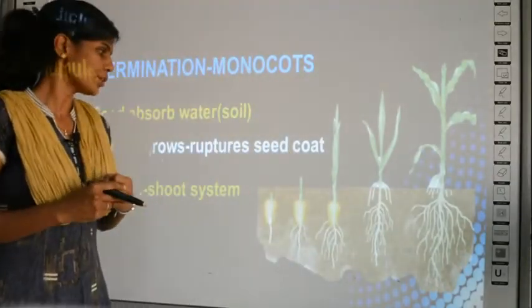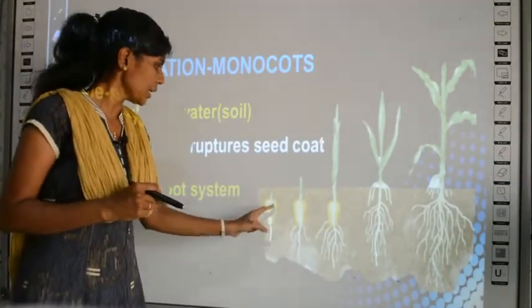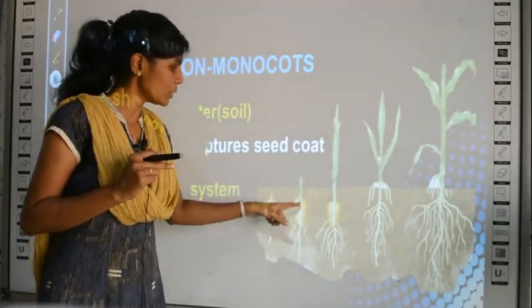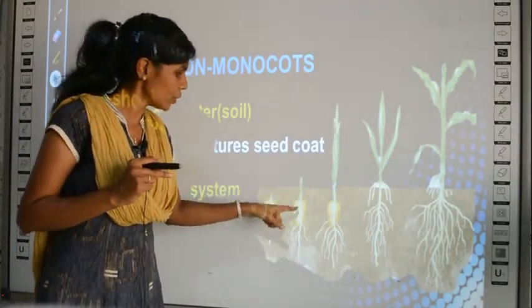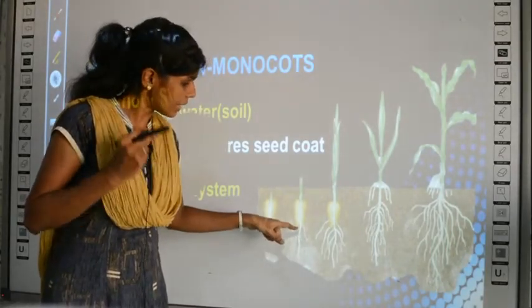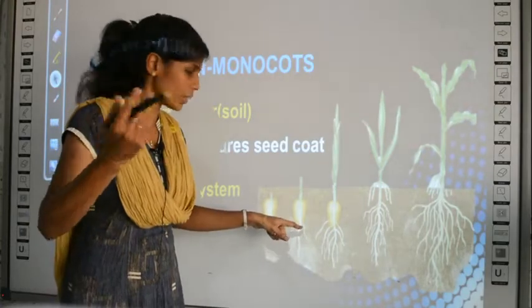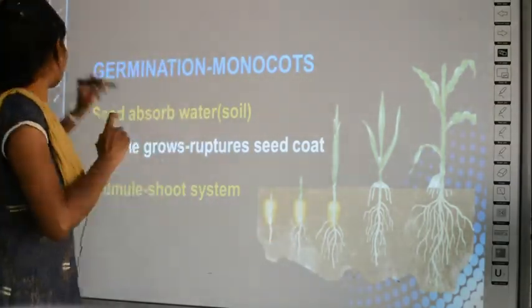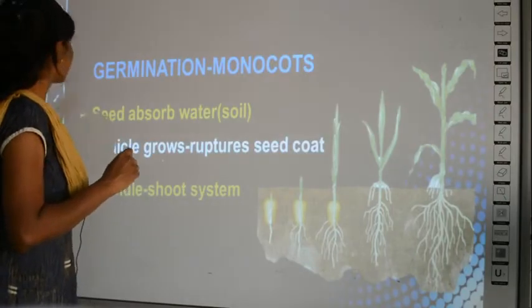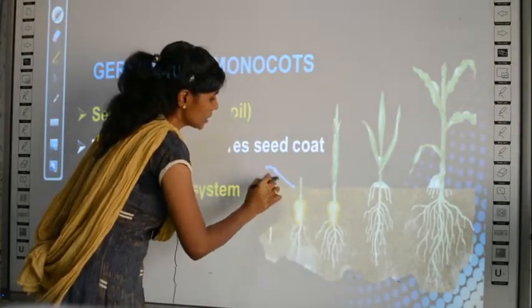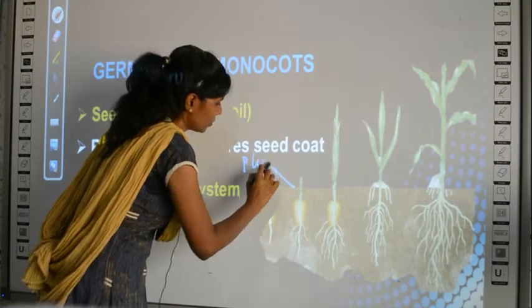So as I told you already, whenever there is a seed, it develops into two parts. One is called the plumule. See here, the green region is the plumule, and this light yellow or white part, whatever it appears to you, is the radicle. So let me label. Here, which is the plumule? This is the plumule.